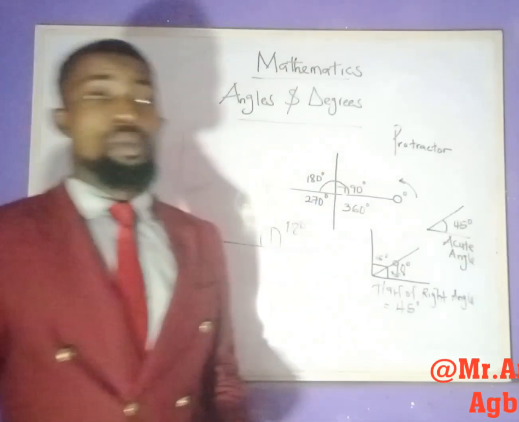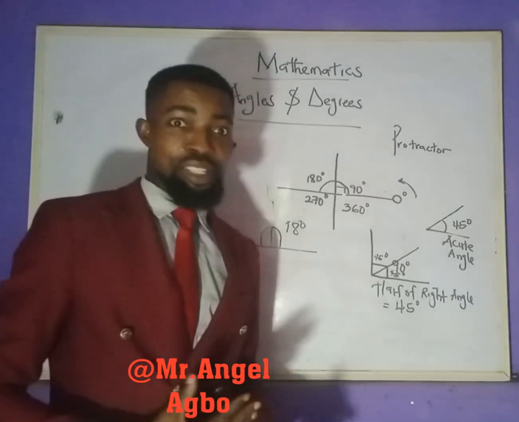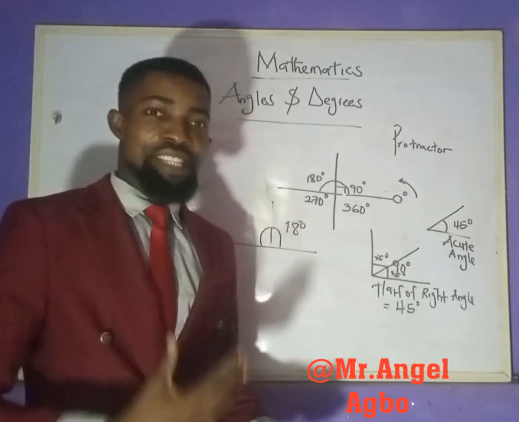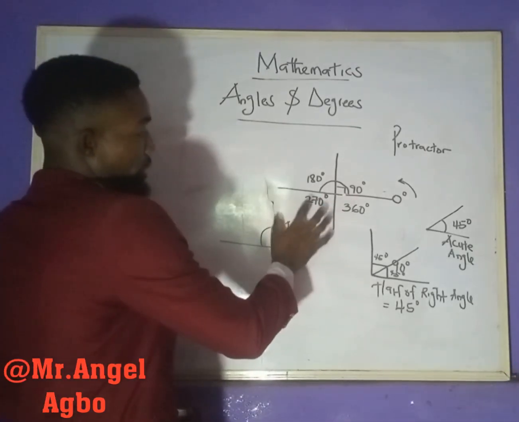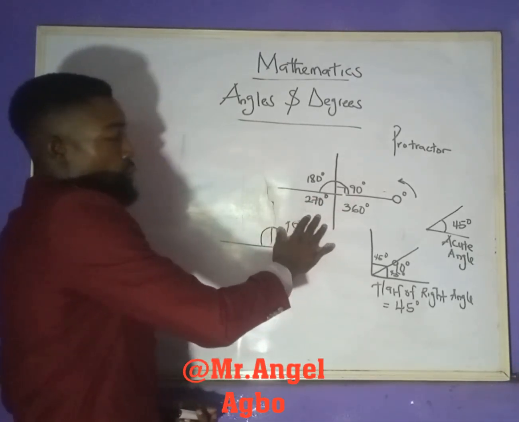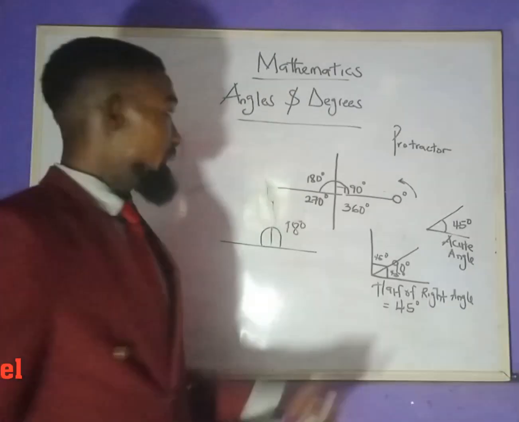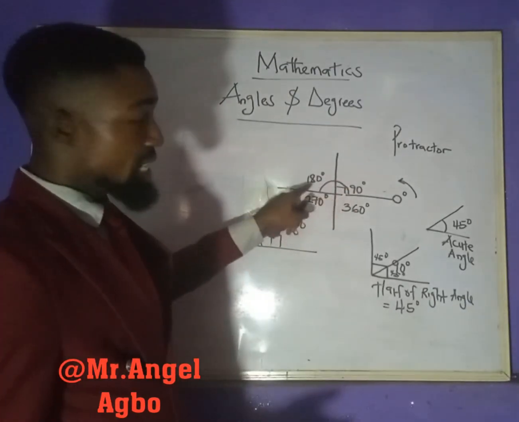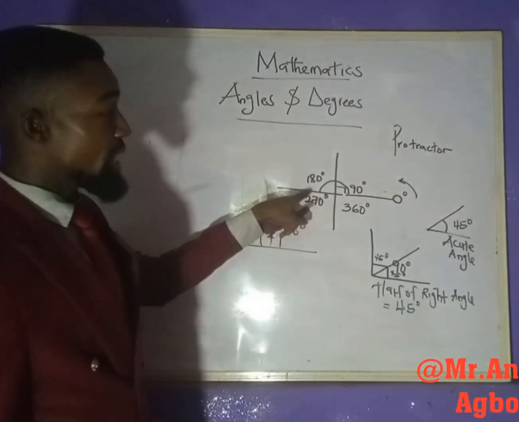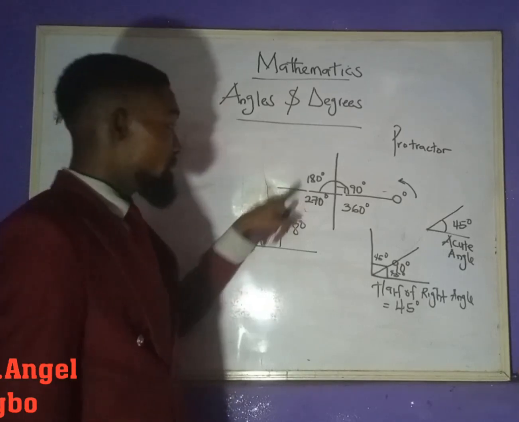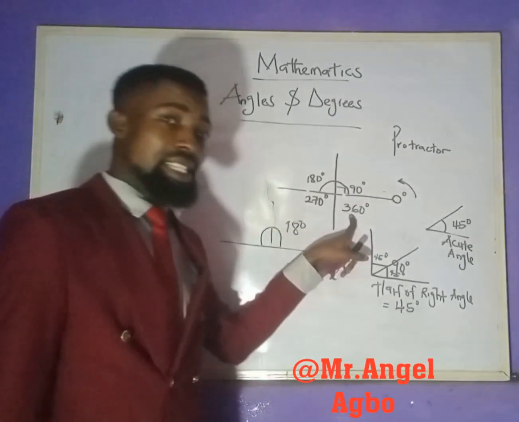I want to use it to do calculation, so please follow me. Now, when you move from 180, you reach 270 degree. We are adding 90 plus 90. 90 plus 90 gives you 180 degree. Another additional 90 to 180 degree will give you 270 degree. Additional 90 to it will give you 360 degree.